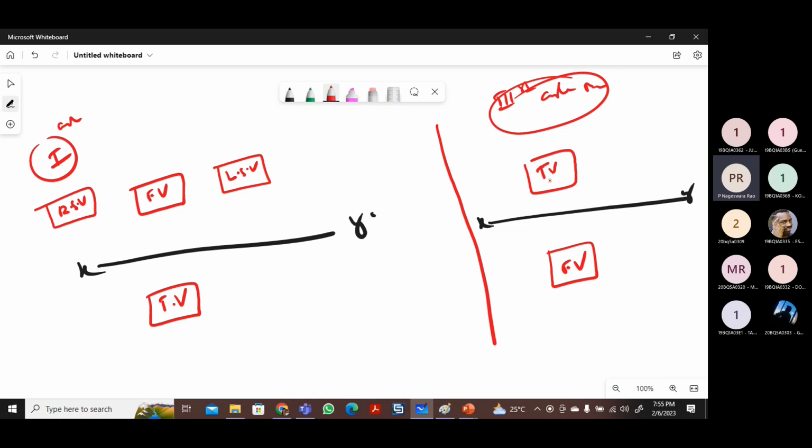If we consider the third quadrant, it is exactly reverse to that of the first quadrant. So the left side view we got on the right side of the front view in first angle projection, whereas in the third quadrant we will get the left side view on the left side only. That is the difference you have to remember. And the right side view you will get on the right side only. This is the basic difference between first angle projection and third angle projection.